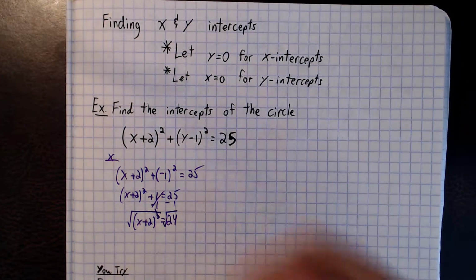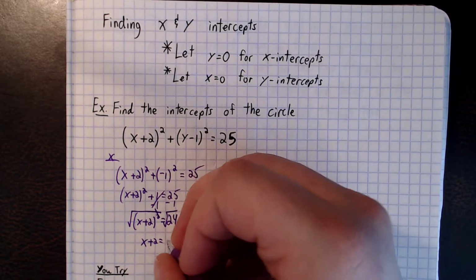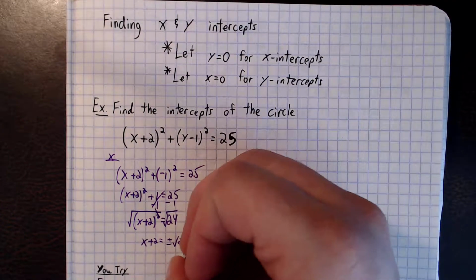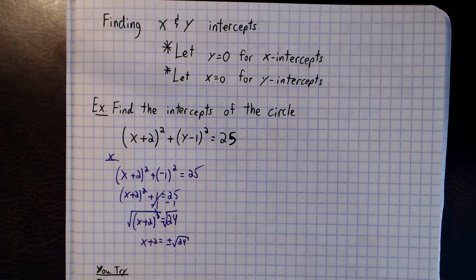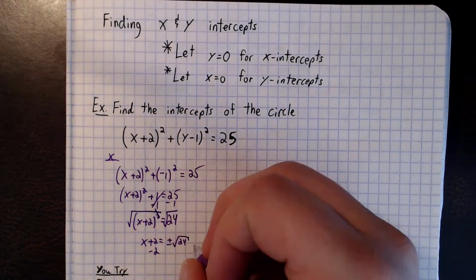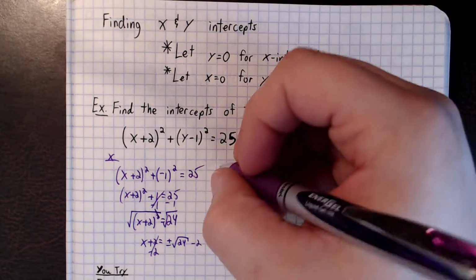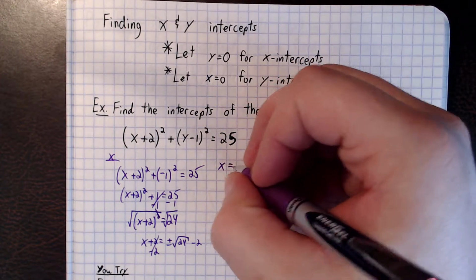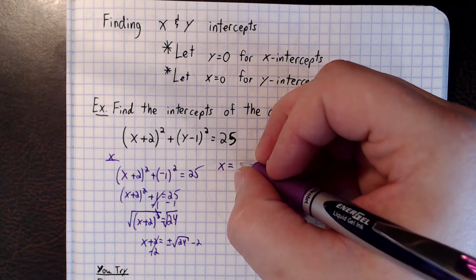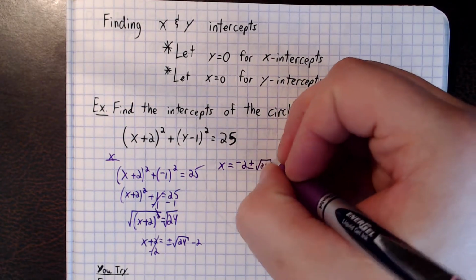Right, we've got x plus 2 remaining. This is going to be plus or minus the square root of 24. Don't forget about that plus or minus thing. And then we'll subtract 2. So, here's how I'm going to write it for x. The x-intercepts are going to be negative 2 plus or minus the square root of 24.